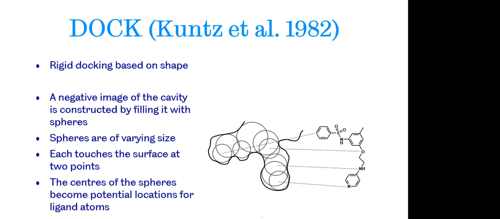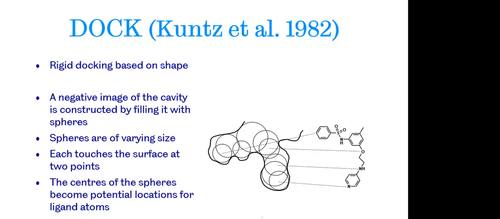In the case of cavity filling, we can see an example of spheres filling the negative image, as shown here. You can see spheres of different sizes, varying with respect to the fragments of the ligand compound, and those spheres are fitting into the geometry of the receptor. Each touches the surface at at least two points.